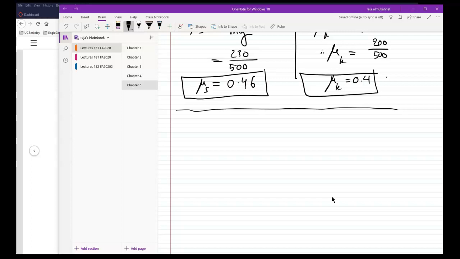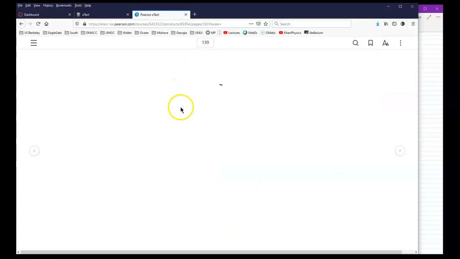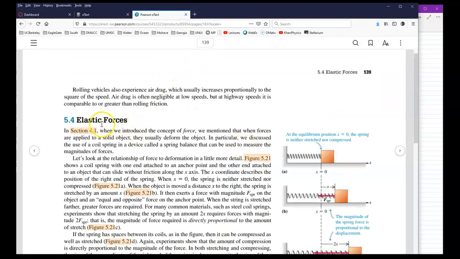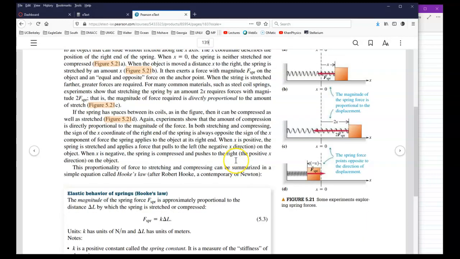Again, this is the section here. Let me show it to you in the book, page 139. Elastic forces, he calls it, okay? And he has I think a page and a half or something like that. Yeah, actually just one page, the rest are examples.